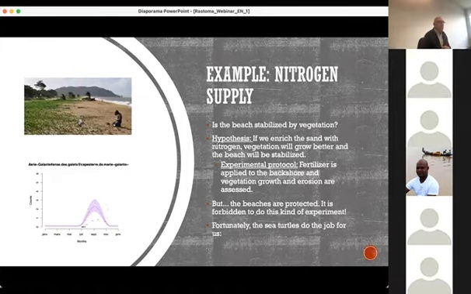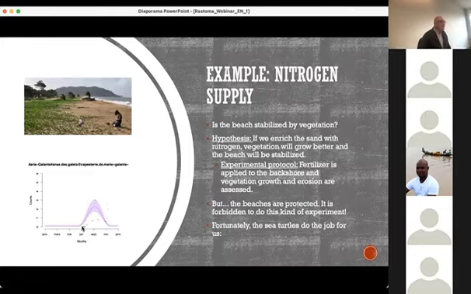If the incubation is successful, the baby turtles leave the sand, go to the sea, and then the nitrogen goes with the baby turtles to the sea. But if incubation does not produce juveniles, if the egg die in the sand, then the nitrogen present in the egg stay on the beach.